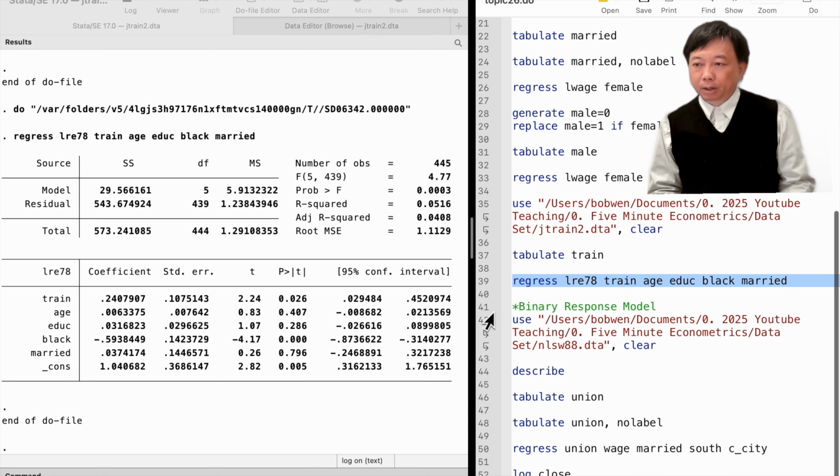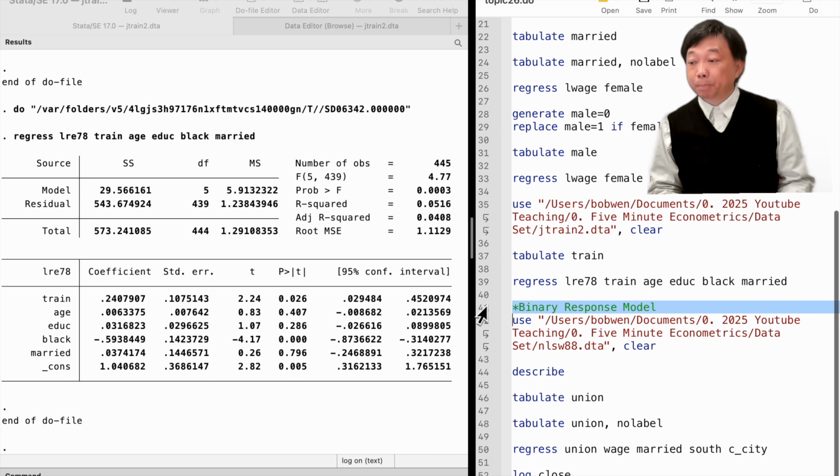Binary variables can be used not only as explanatory variables, but also as outcome variables. The model is called the binary response model or the binary choice model. We use binary response models to examine the probability of an outcome that occurs.